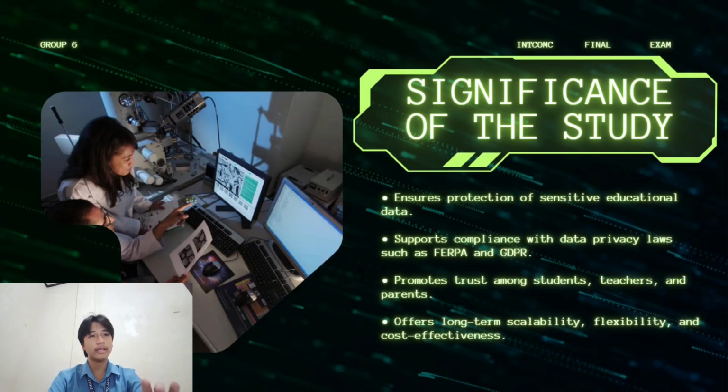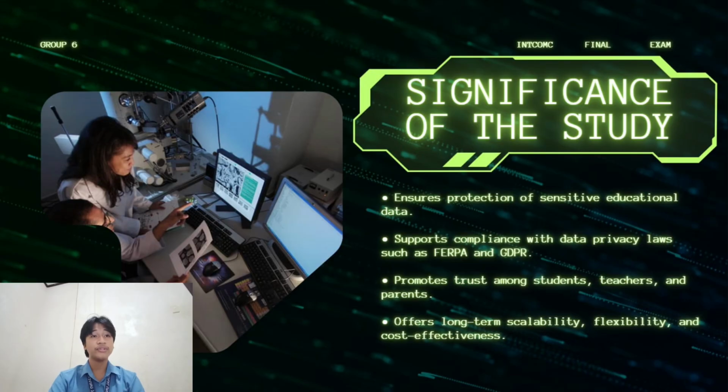The second one is support compliance with data privacy laws such as FERPA and GDPR. Comply with international data protection laws such as FERPA and GDPR. Improve efficiency in accessing and managing records. And build trust among parents, students, and educators.